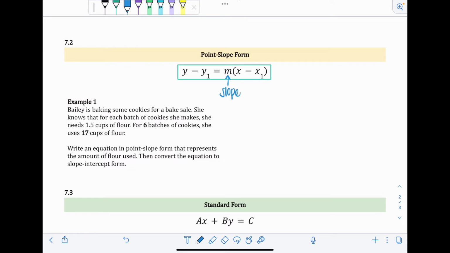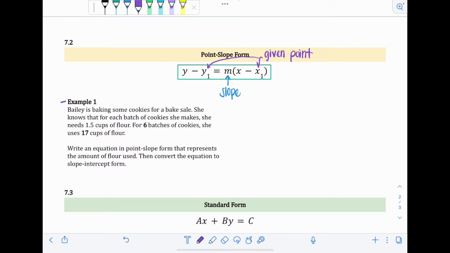And then x1 and y1 are a given point, or they come from a given point. The x and the y that don't have the one next to them just stay a part of your equation. You wouldn't substitute anything in there for those usually, at least when you're writing the equation.